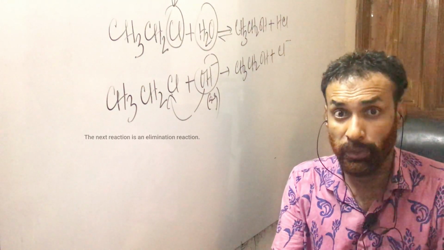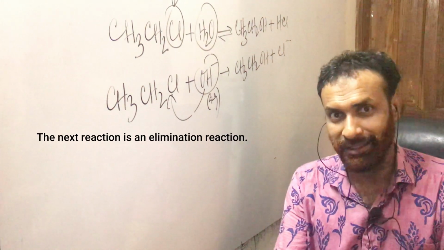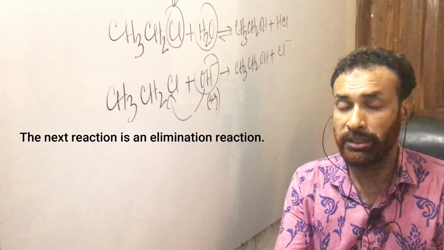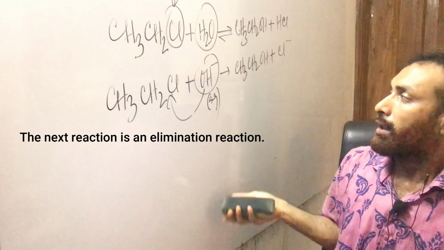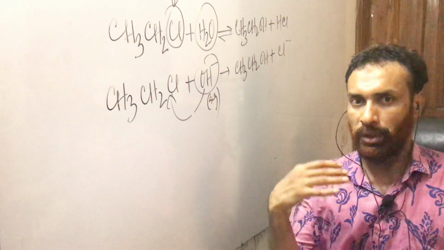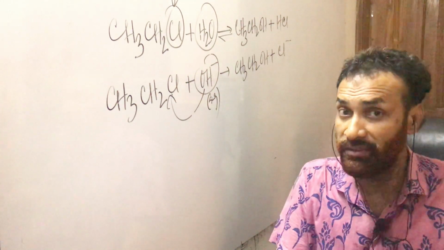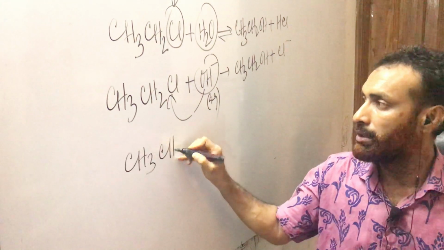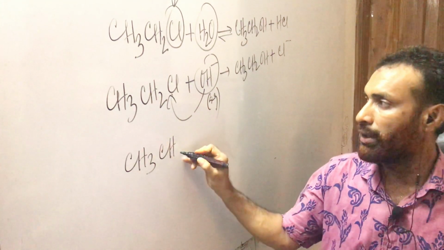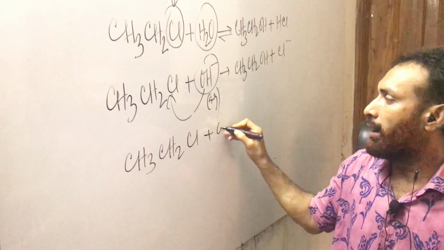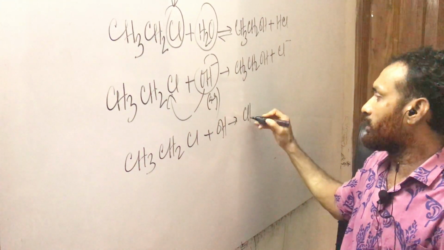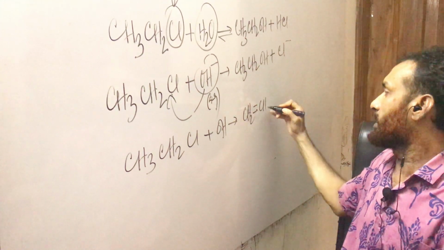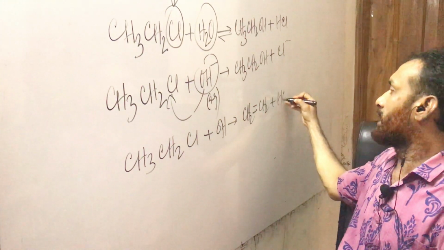Another reaction is an elimination reaction. What does elimination mean? Something is removed. This reaction I'm going to talk about is very interesting and very important. The equation I write here: CH3CH2Cl and OH gives CH2=CH2 and HCl.